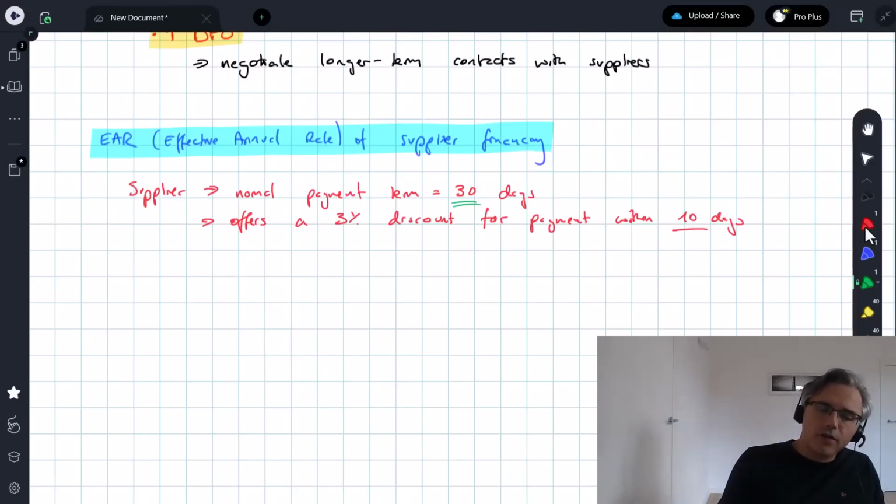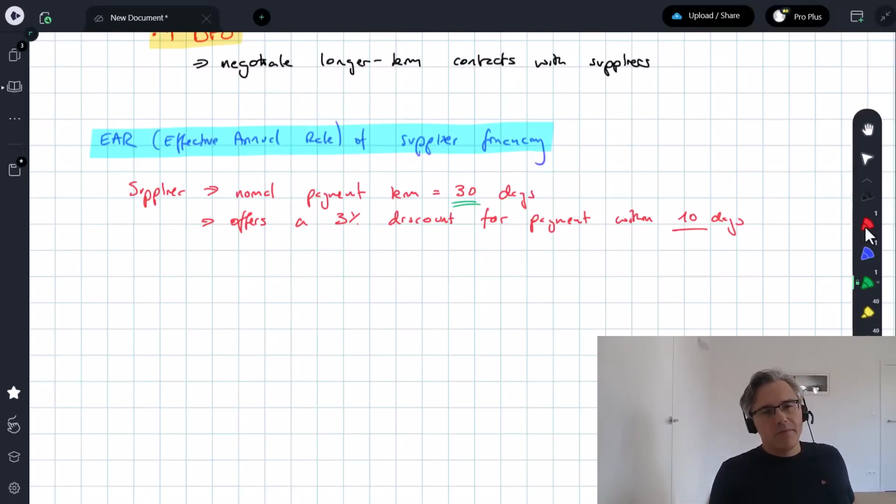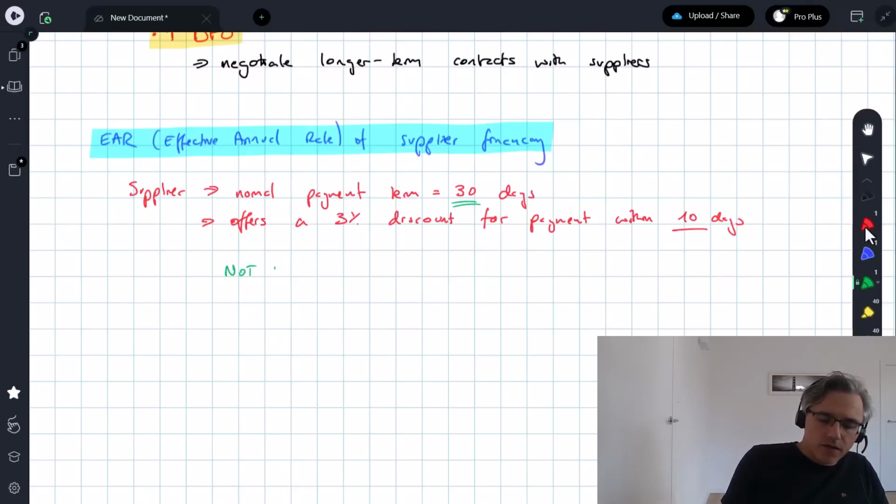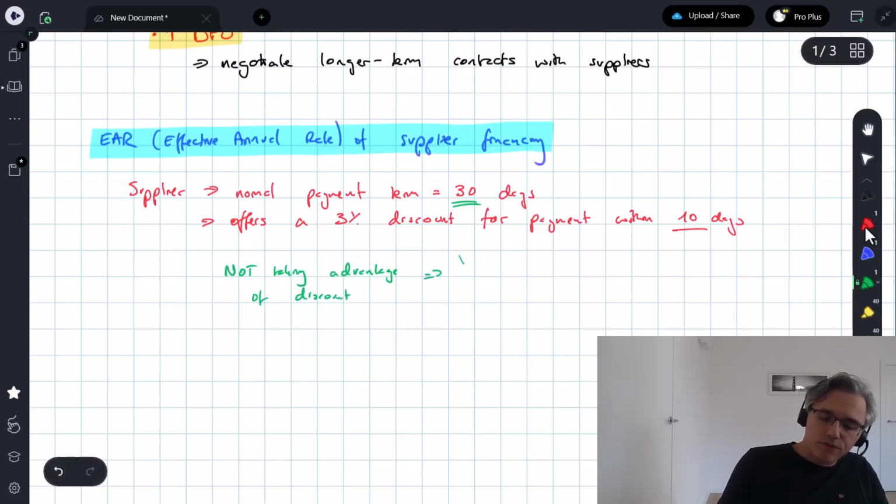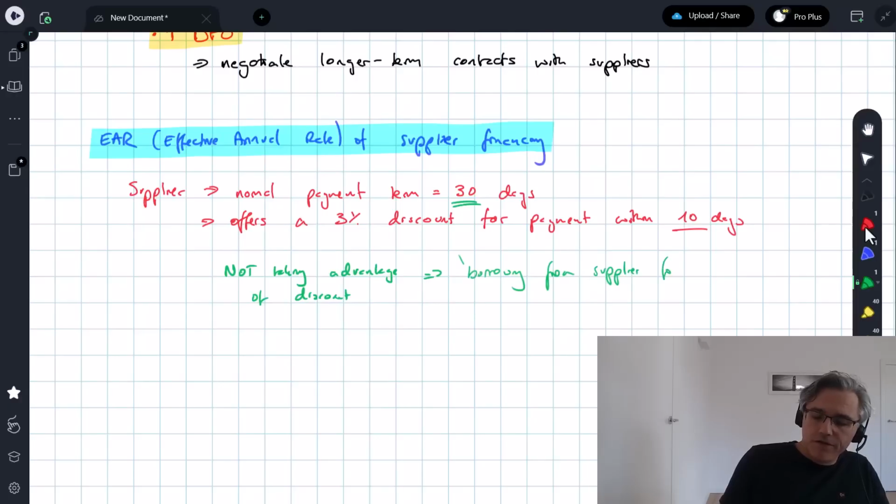Well, the clue to solving this, although it will not necessarily help you with the formula because the formula is a bit ugly, is to consider that not taking advantage of the discount is effectively equal to borrowing money from the supplier for, in this case, 20 days, right? 20 days.